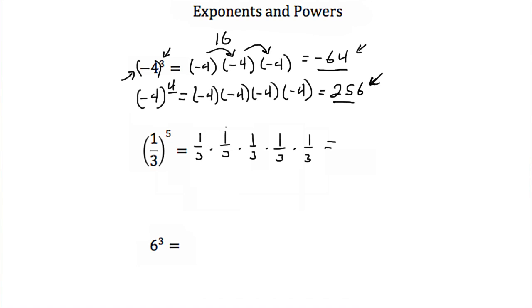So you'd have 1 times 1 times 1 times 1 times 1, which would be equal to 1. And then 3 to the 5th, 3 times 3 times 3 times 3 times 3 is 243. So 1/3 to the 5th is equal to 1 over 243.